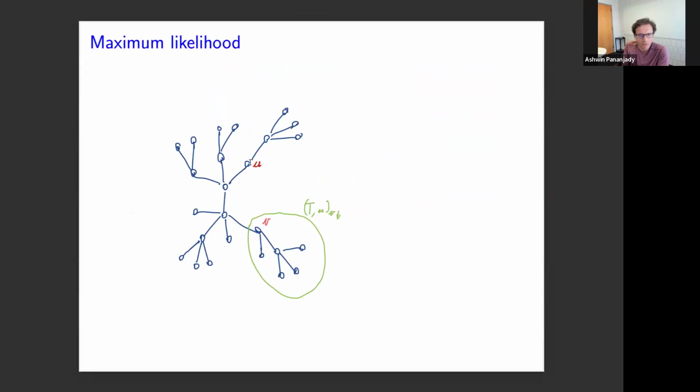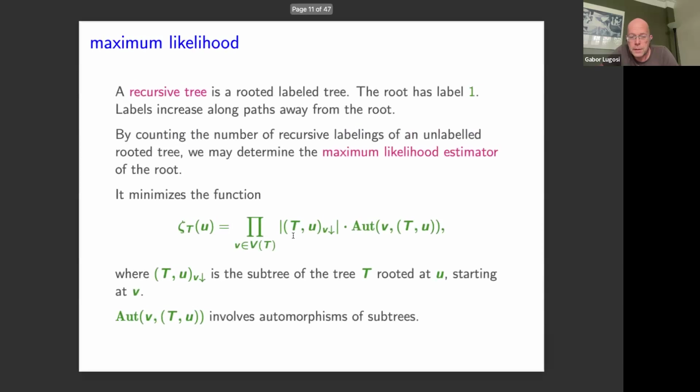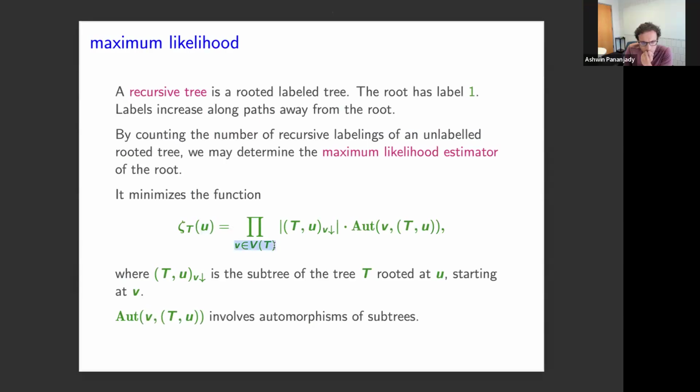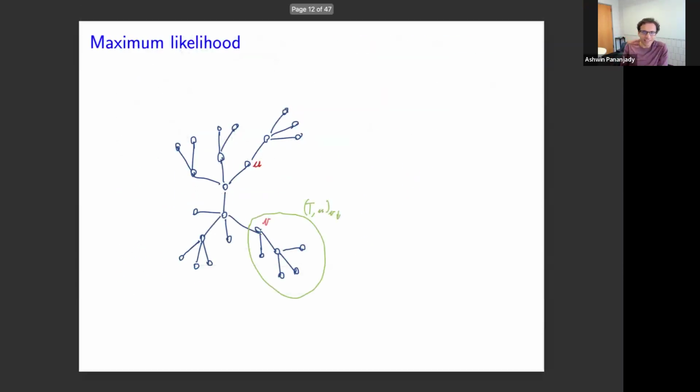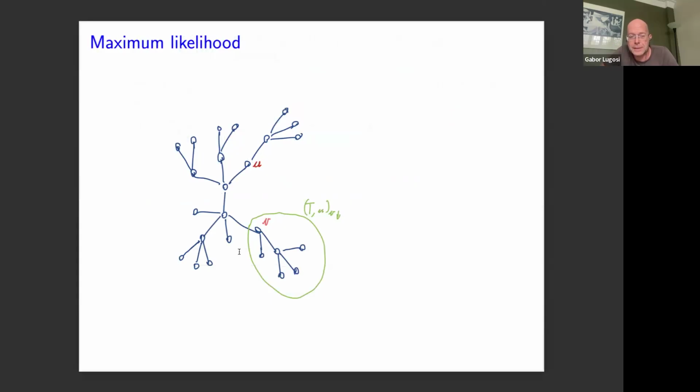So how am I supposed to think of your rumor centrality measure? When we compute the centrality of U, you look at all vertices of the tree. Capital T is just all vertices of the tree. All vertices of the tree, okay. And you take the size of this subtree, and you just take the product of them. Okay.